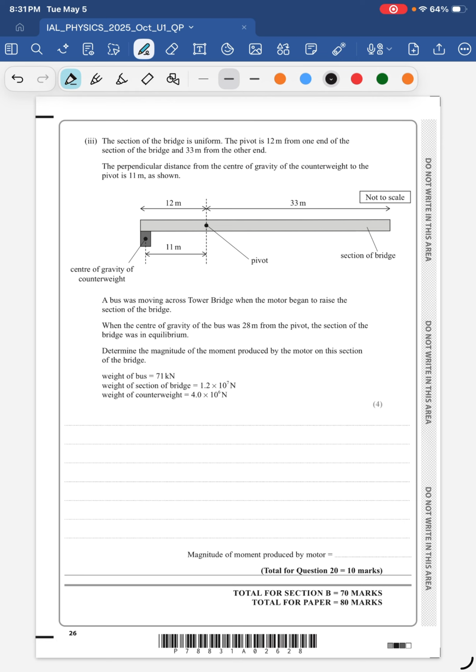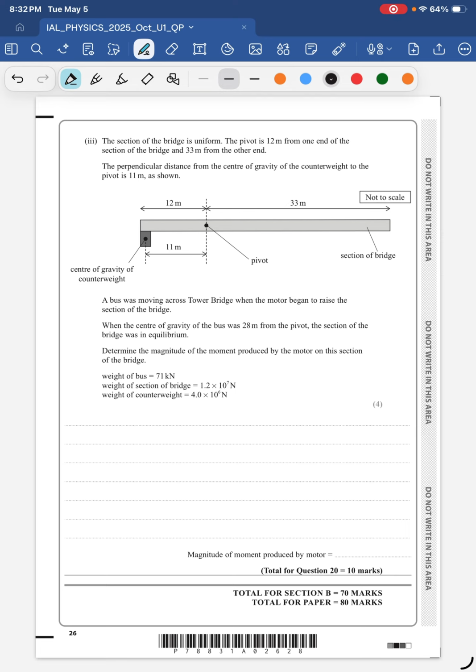And the final part, the section of the bridge is uniform. The pivot is 12 meters from one end of the section of the bridge and 33 meters from the other end. The perpendicular distance from the center of gravity of the counterweight to the pivot is 11 meters as shown. A bus was moving across Tower Bridge when the motor began to raise the section of the bridge.